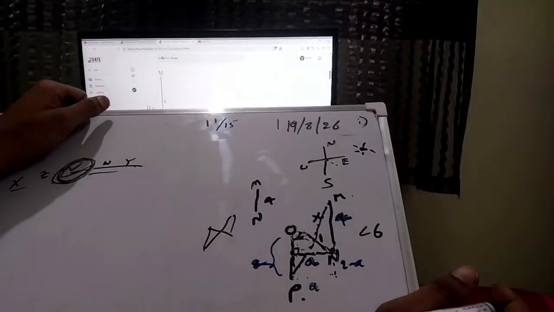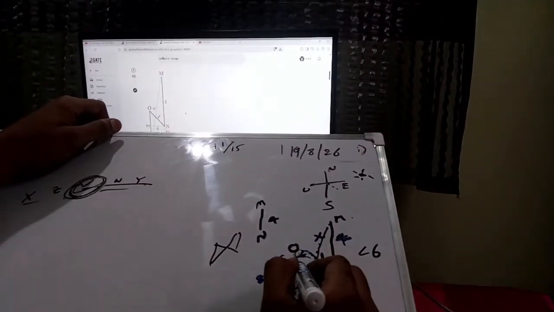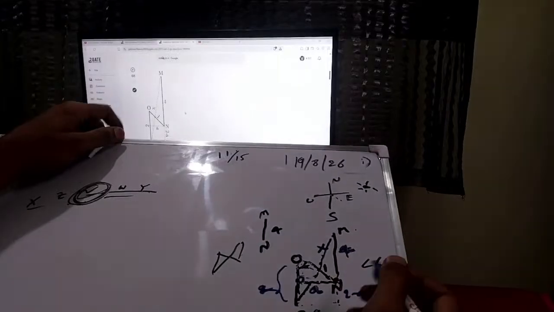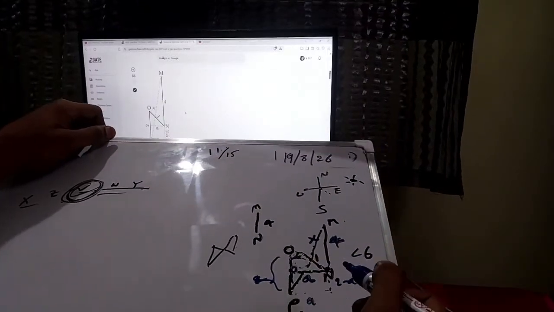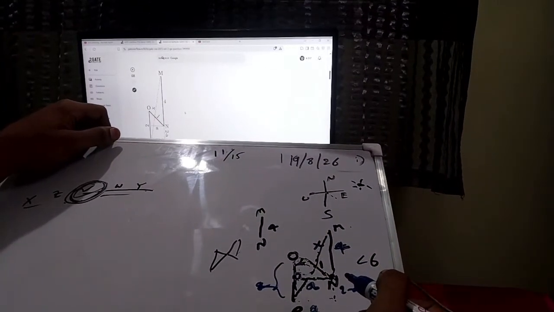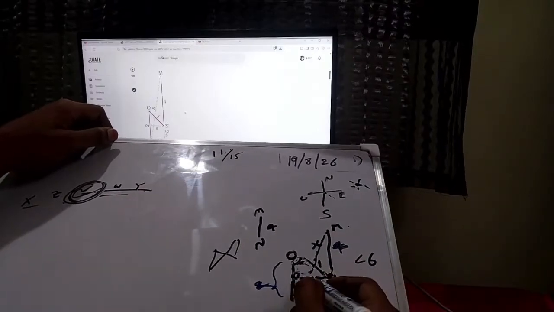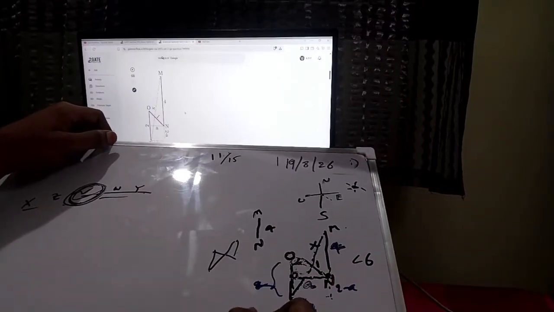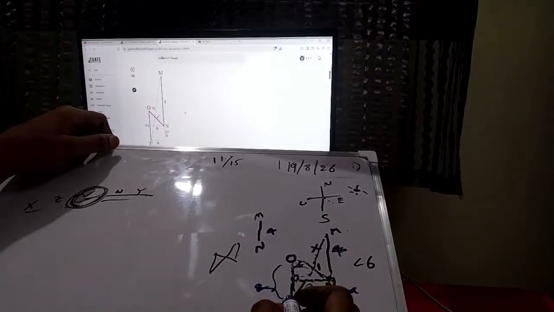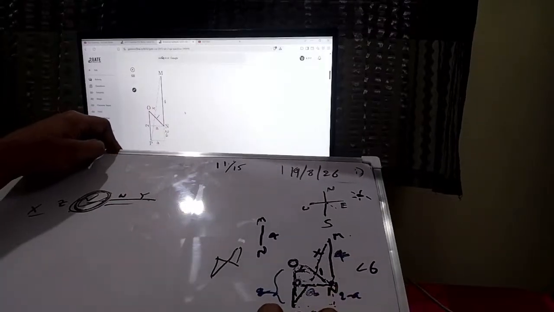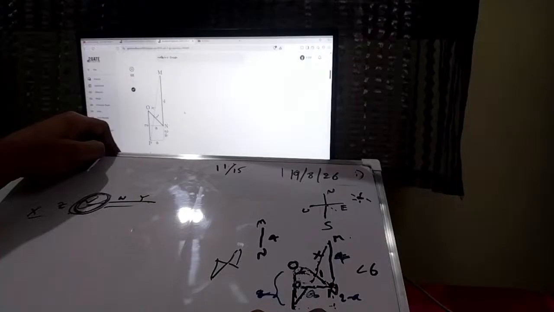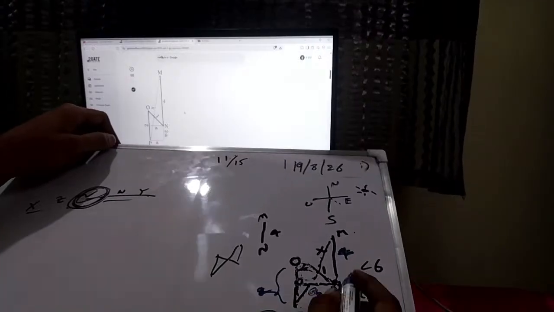I think you are able to see. Here it is perpendicular, so you can apply the Pythagoras theorem. By applying the Pythagoras theorem, we get 1 by root 2.